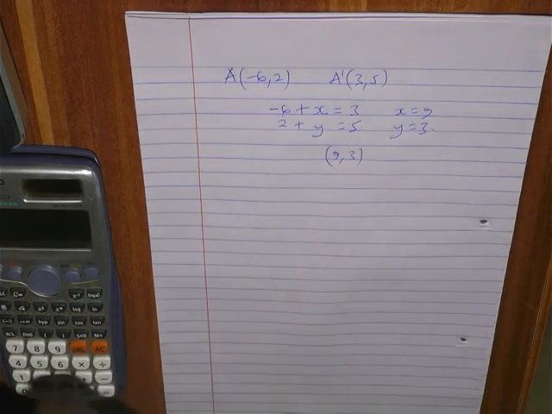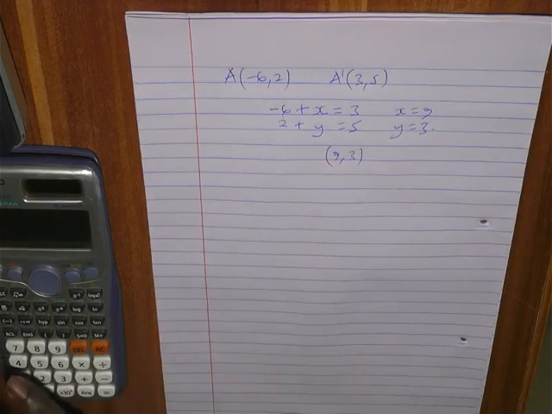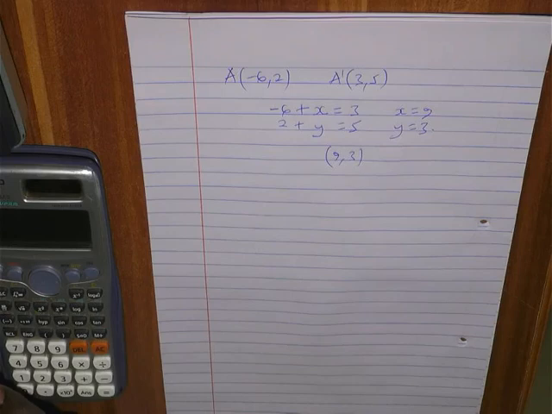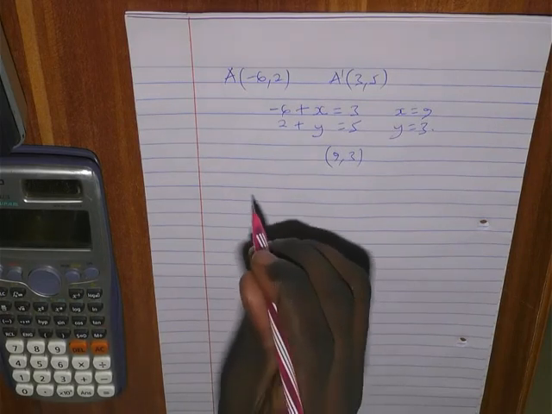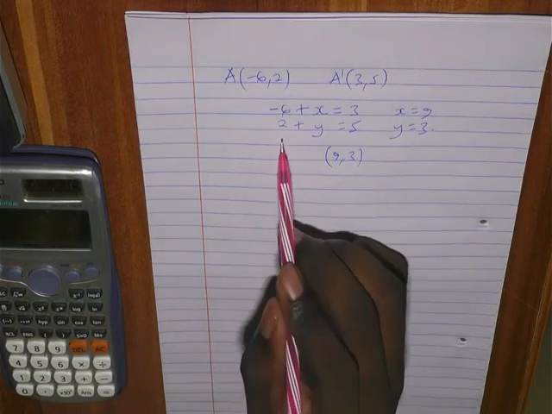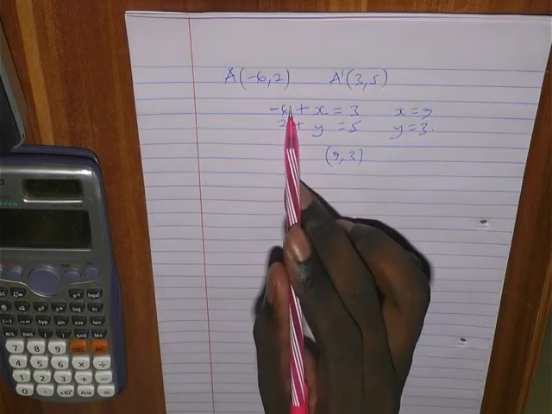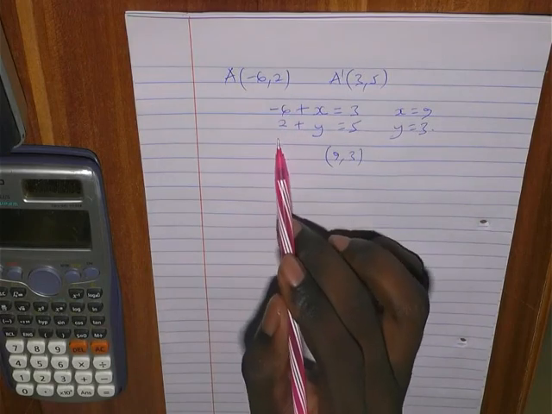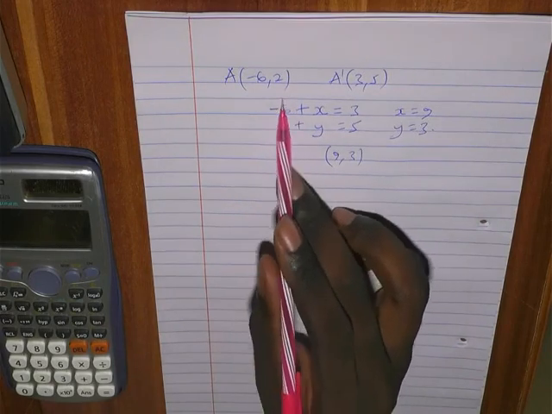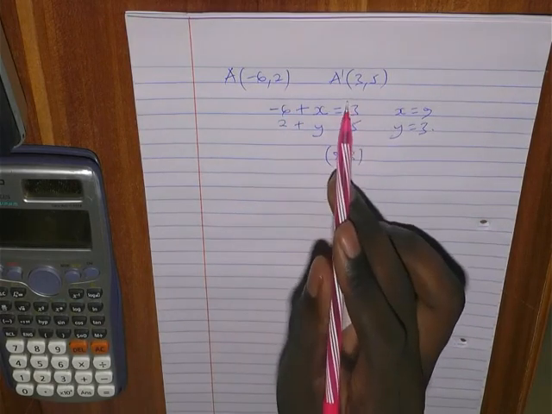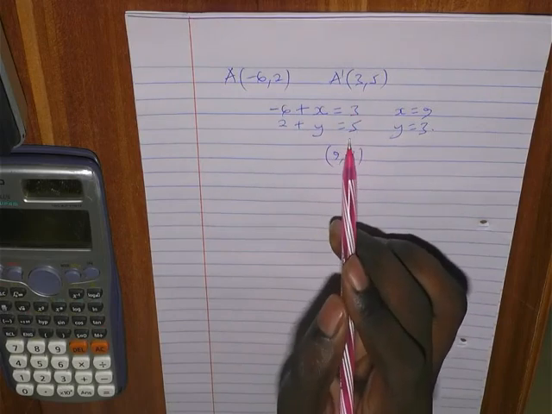That is 1 mark. And then we are told a point P prime, which is (-4, 2), is the image of P under T. Determine the coordinates of P. Okay, so you see these coordinates here are for the main object, the real object, and these coordinates now are for the translated object.